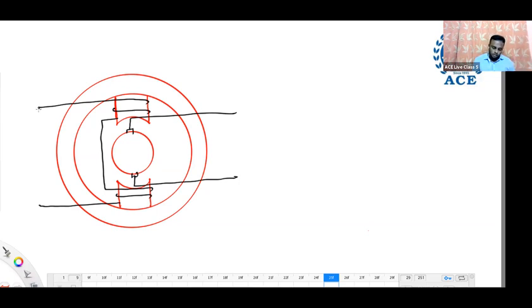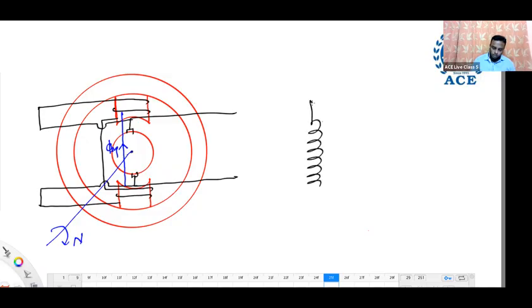This is the connection at that time. I am considering the rotation as clockwise, rotating at speed n, and the residual flux I am taking in the upward direction. This is the residual flux. Here voltage builds up to the rated voltage of 220 volts.